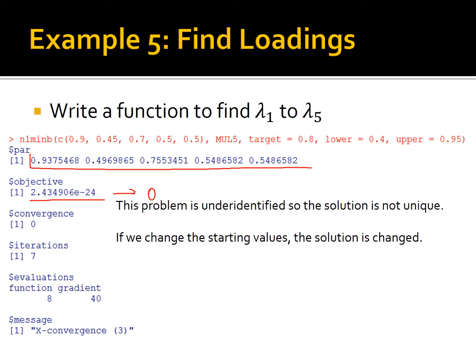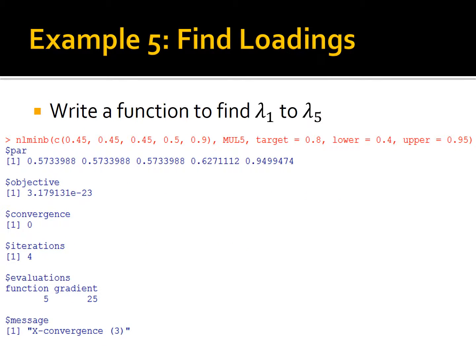So if we change the starting values, the solution changes. If we change the starting values to 0.45, 0.45, 0.45, 0.5, and 0.9, you will see that the solution is changed, even though the objective is very close to 0.